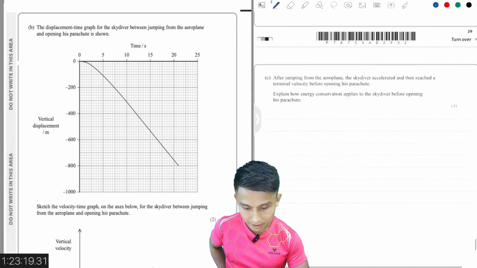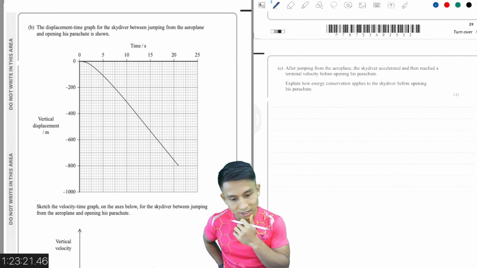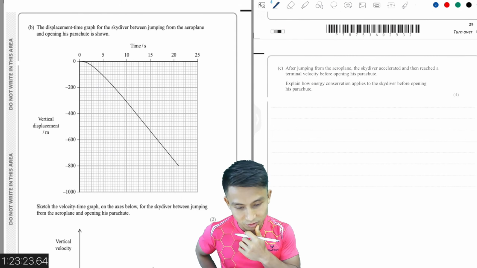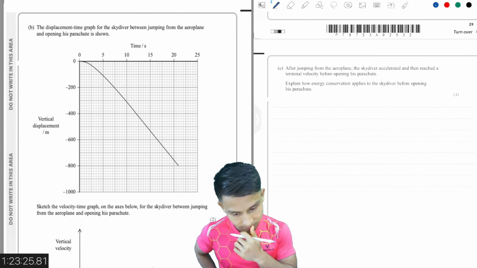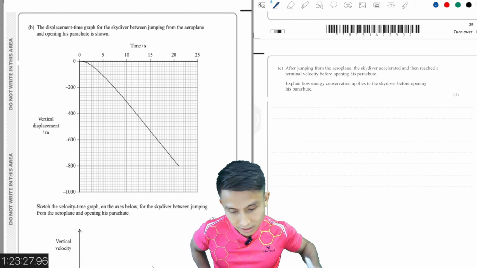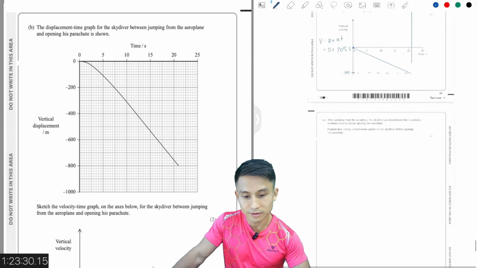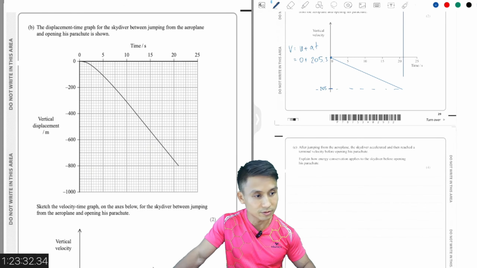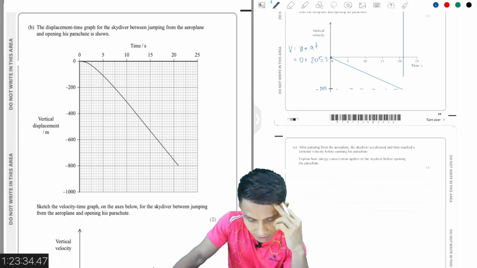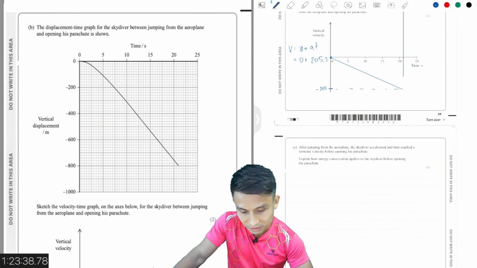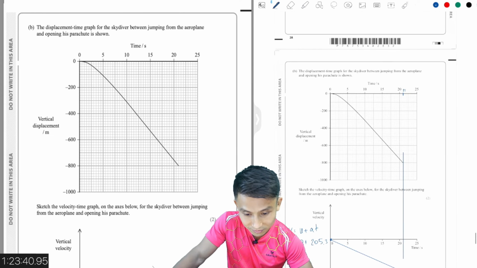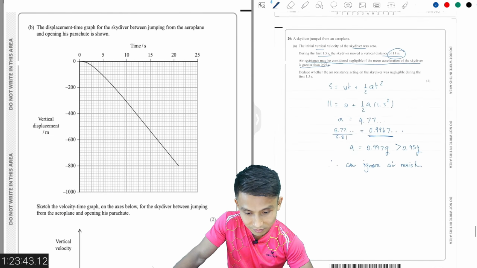After jumping from the aeroplane, the skydiver accelerated and then reached a terminal velocity before opening his parachute.